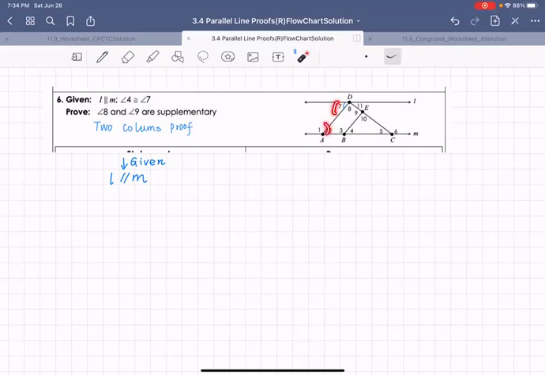Angles 7 and 2, they're alternate interior. Okay, angle 7 is congruent to angle 2, right?